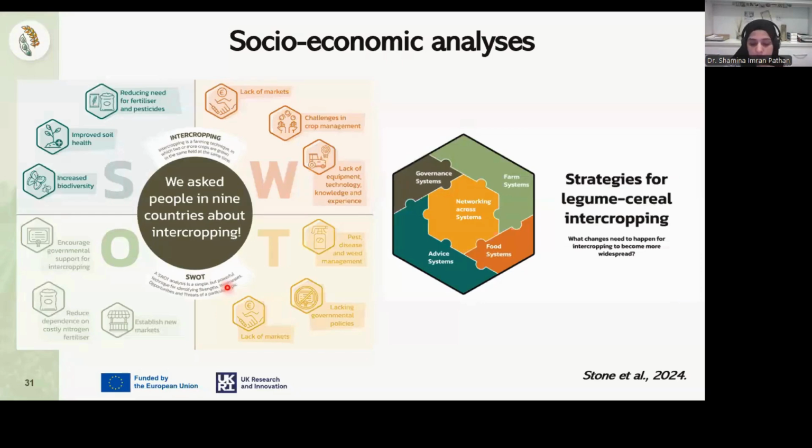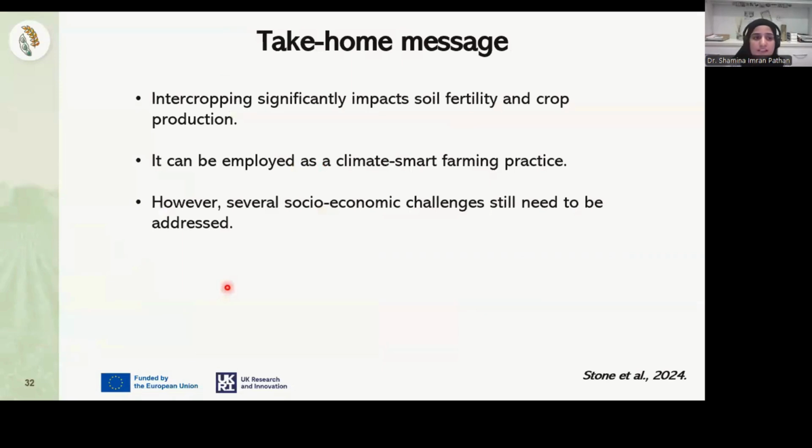But still, we find there are some hurdles in the adoption of intercropping, not at the management level, but at the social and economic level. So the take-home message is that intercropping has a significant impact on soil fertility and crop production from our preliminary data.